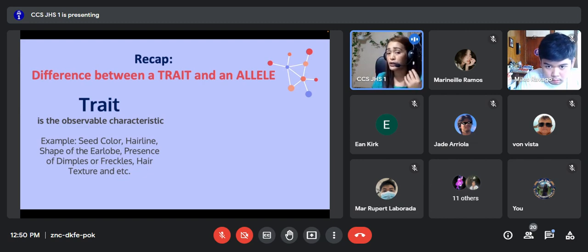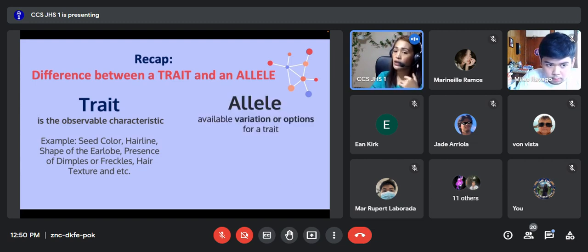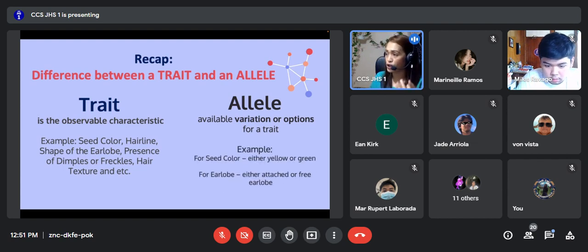For example, you have here seed color, hairline. These are the traits we actually used during our trait bingo yesterday. Now, how is this related to allele? Remember, a trait is the observable characteristic. But when you talk about allele, it is the variation or the option for that trait. So let's take an example, seed color.